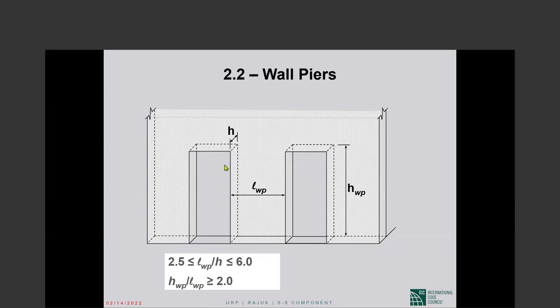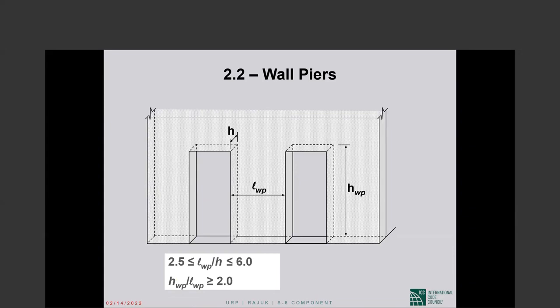Those elements failed in shear simply because the contractor and the engineer do not treat them definitely as columns, so they do not have confinement. And many times, because these walls are thin, they would put only one layer of horizontal and vertical reinforcement. So there is absolutely no confinement. And the shear carrying capacity is very low.